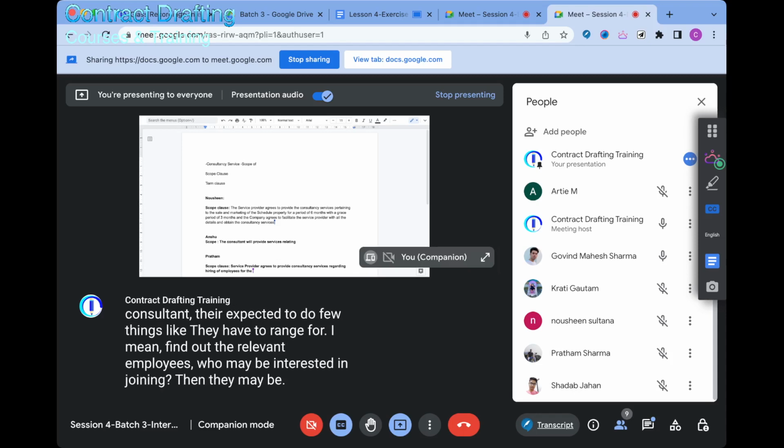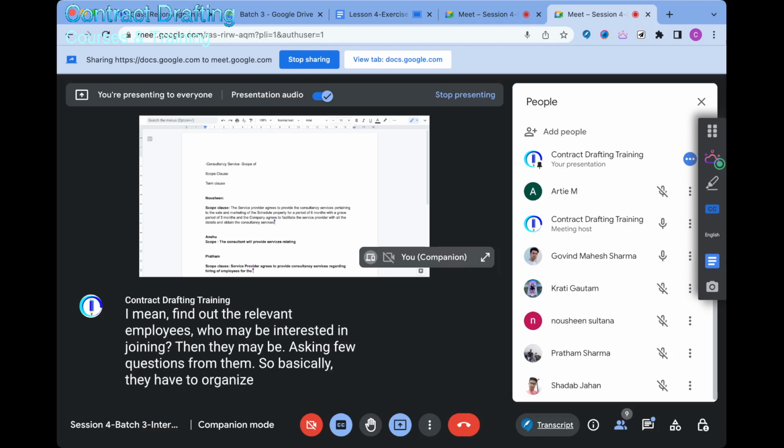So basically, they have to organize a meeting and identify whether they are qualified for the advertised job or not. And after the meeting is successful with the client, if the client decides to hire the employee, there may be some post-hiring engagements also, like collection of documents.